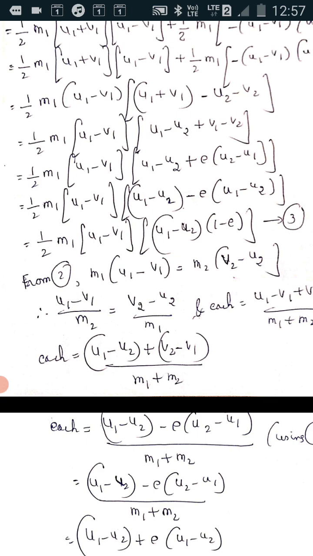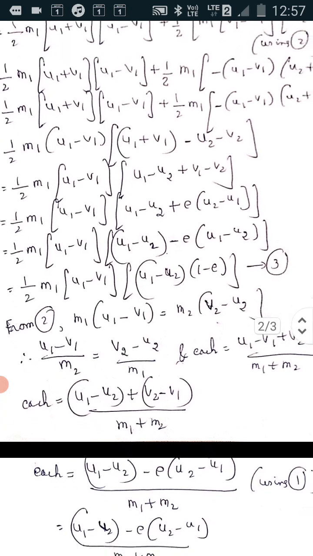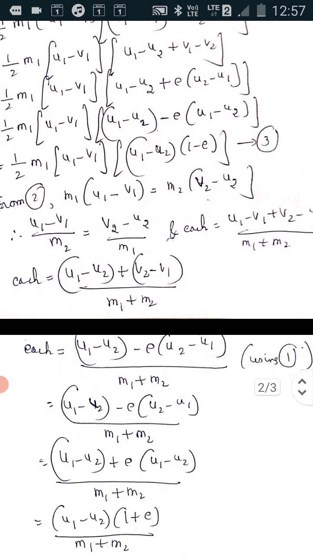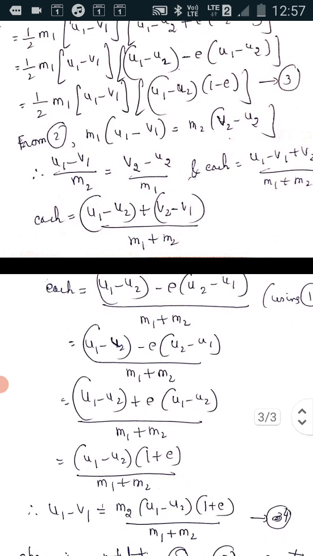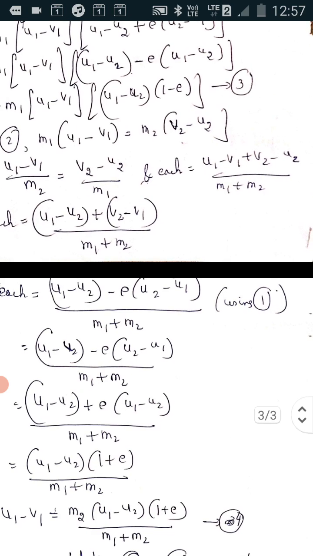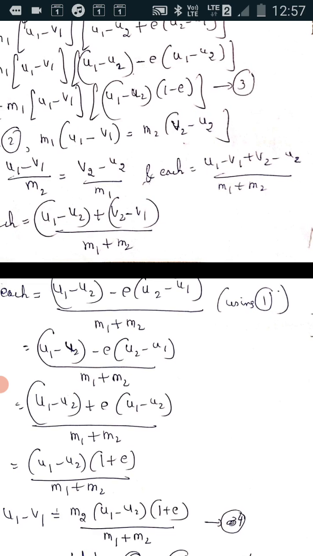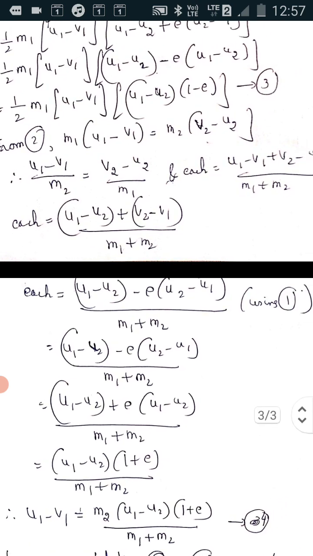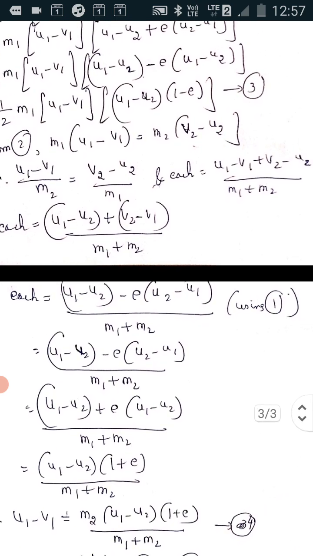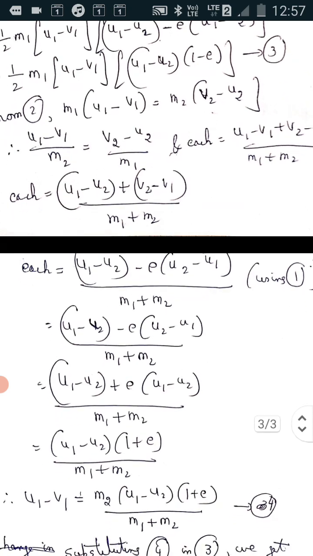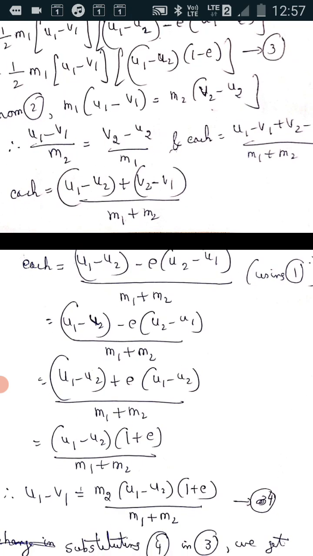But from the second result, we have m1 into u1 minus v1 equal to m2 into v2 minus u2. On rearranging and bringing m2 to the left side, we have u1 minus v1 by m2 equal to v2 minus u2 by m1. By the fraction rule, each is equal to u1 minus v1 plus v2 minus u2 by m1 plus m2. We are adding again u1 minus u2 and v2 minus v1, changing the terms.